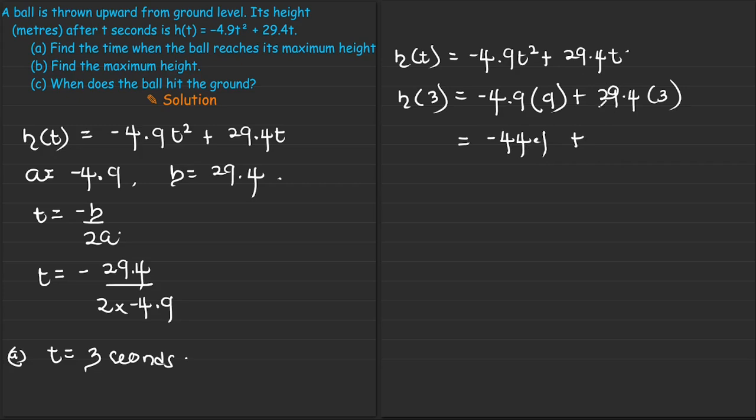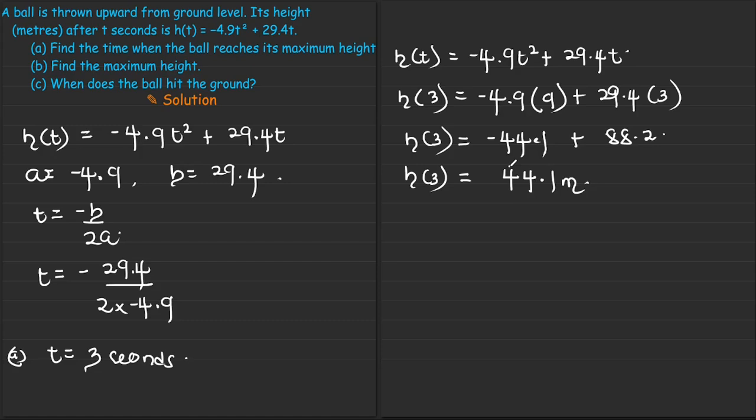Then plus 29.4 times 3 will give us 88.2. This evaluated gives us 44.1. So the height after 3 seconds, which corresponds to the highest peak, is simply 44.1 meters. That is how high the ball is going to reach.